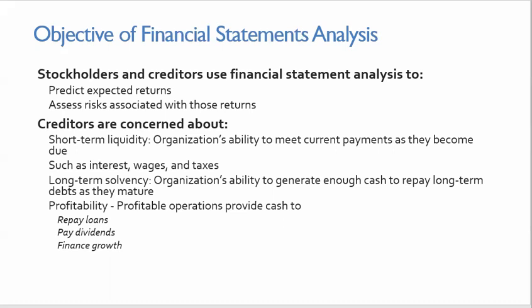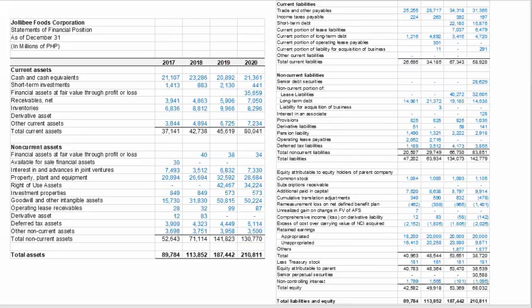Which is understandable. Now, let's see what was the impact of COVID-19 in their performance in 2020. So in the next slide here, medyo maliit yung numbers, but you can refer to the PDF files that I have uploaded in our group.